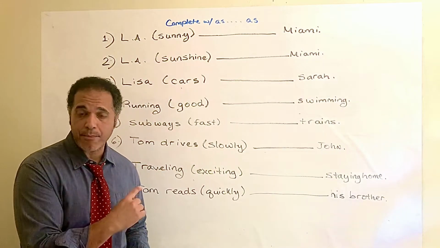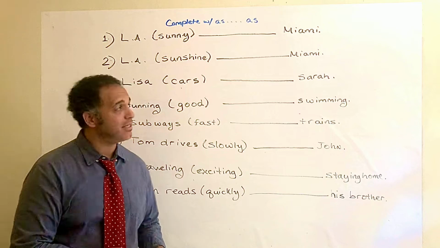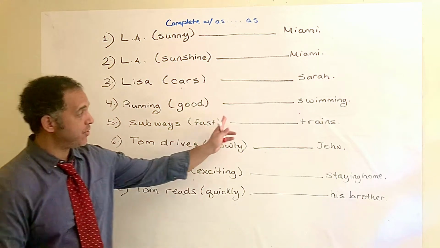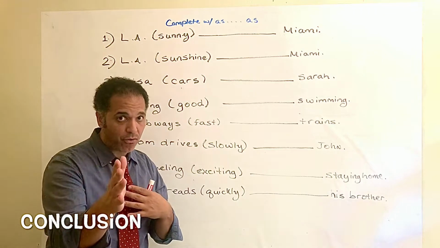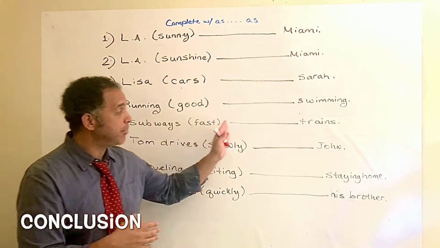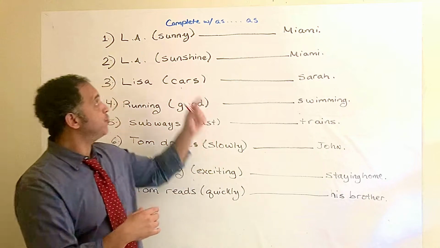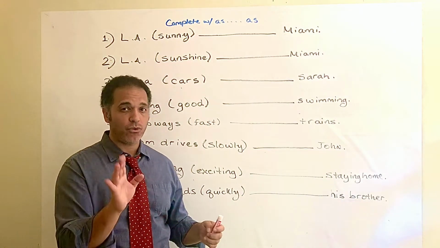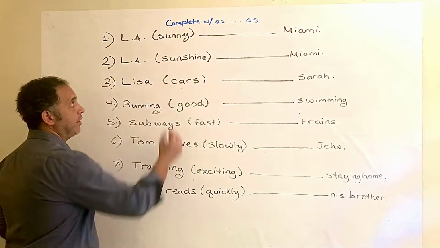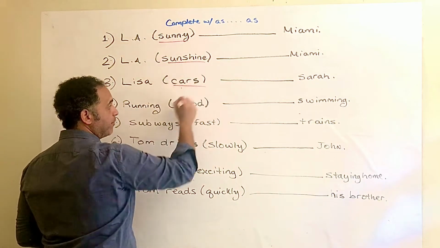Okay, on the board right behind me are 8 sentences. In all of the sentences, there is a blank, and it is our job, for you at home and myself, to complete these sentences using as and as. Now, there's a couple of things that I want you to watch out for. Number 1, take a look here.